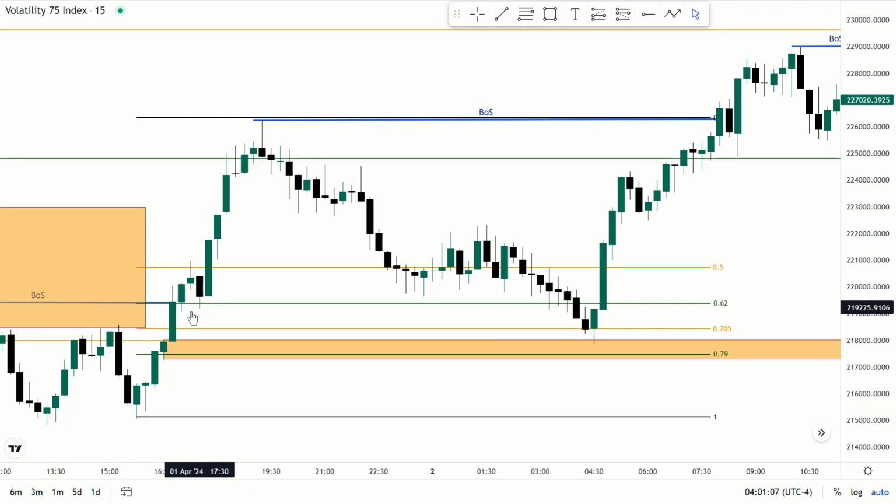This is the only pullback in this leg. So this is your inducement right here. And after this inducement, under the equilibrium, this is your first decision of POI right here. Okay, so if you are going to take a trade, this is your first decision. Your extreme is just down here.